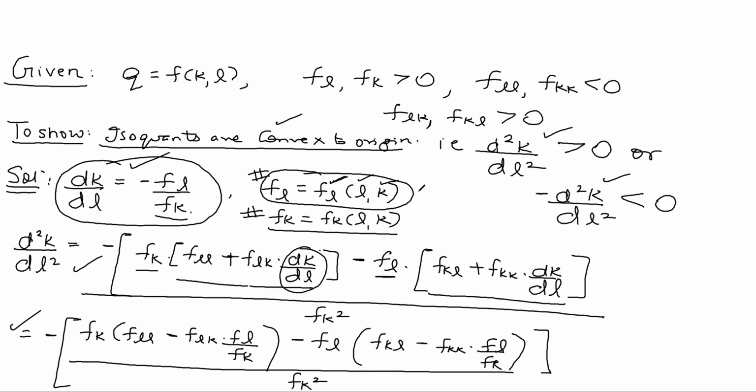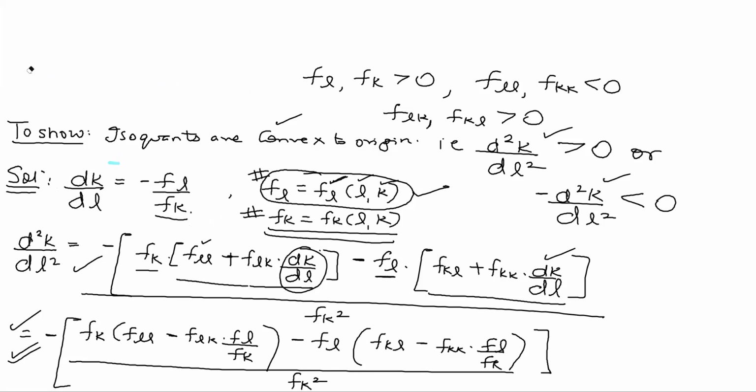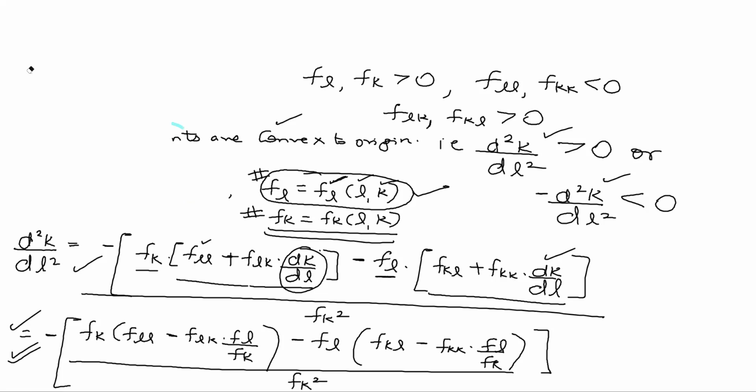If I have to differentiate FL again, it will be FLL plus FLK into dK by dL, minus FL into the derivative of FK, which will be FKL plus FKK into dK by dL, since capital itself is a function of labor. Now plug back the value of dK by dL, and you get this expression. Now let's solve this further. I'm erasing the initial parts.